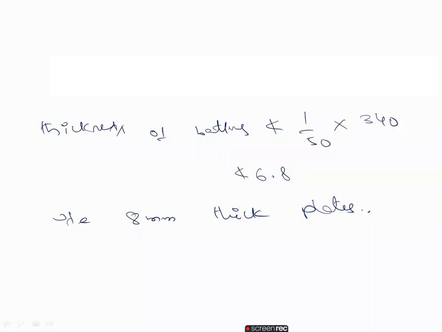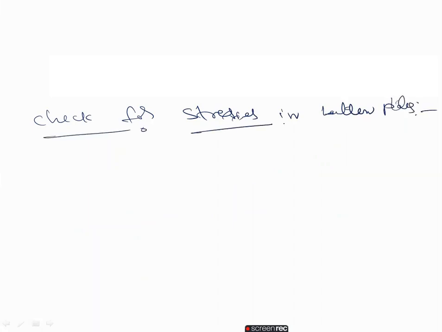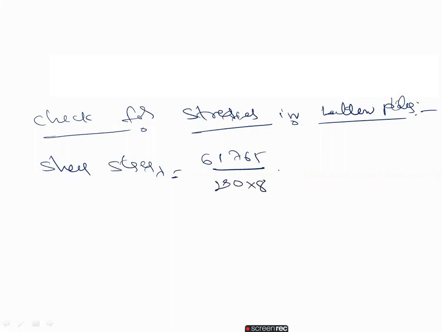The next step is to check for the stresses in batten plates. Here the shear stress is nothing but the VB value we got in the design, that is 61,765 divided by area, 280 into the thickness of the plate, which is 8.